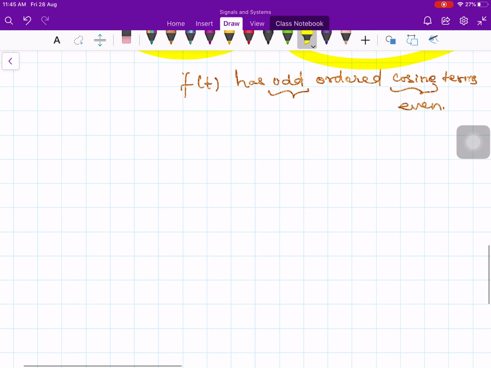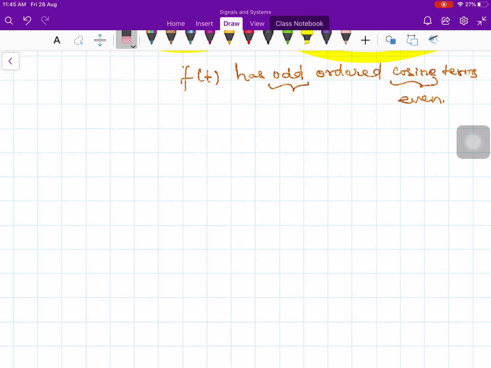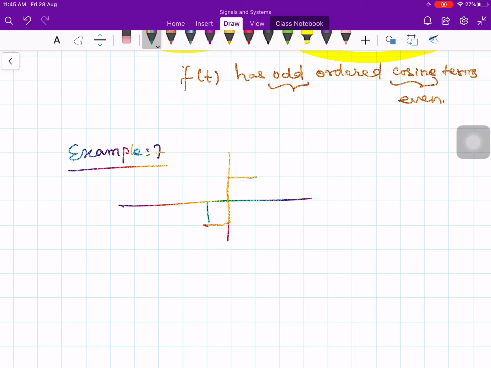Now let me take another example. Example 7. We will take a square wave, like this. The square wave is a very, very important waveform.